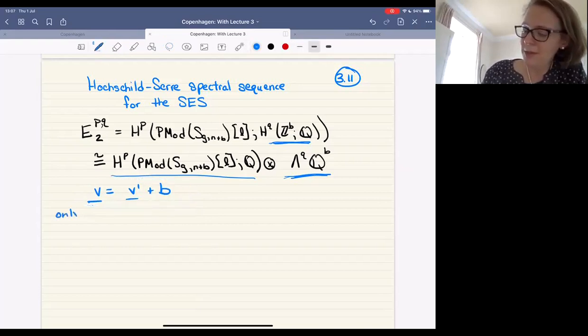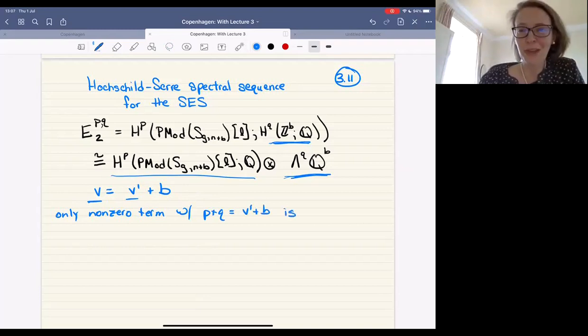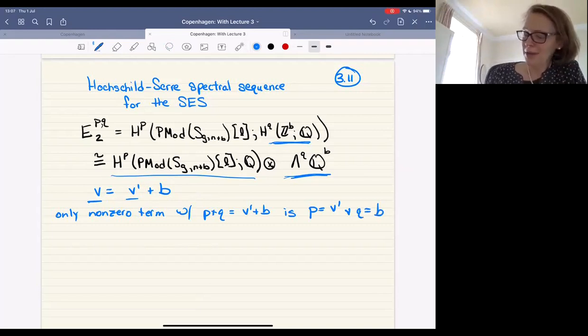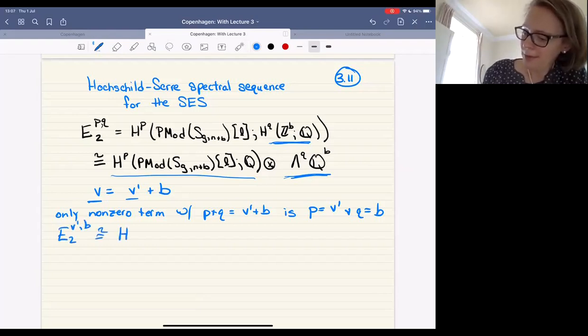So the only non-zero term with P plus Q equals V prime plus B is kind of the one that you feel like it should be, where P equals V prime and Q equals B. So in other words, I'm going to get E2 V prime B. So I realize you could all just write this down yourselves, but it's probably helpful if I write it down.